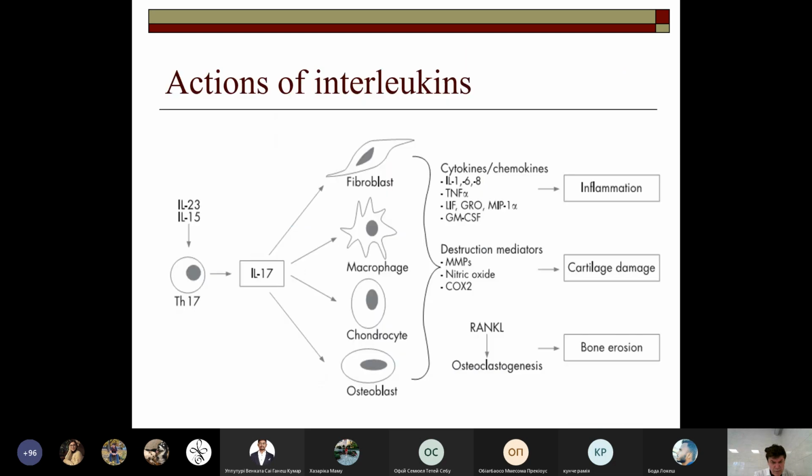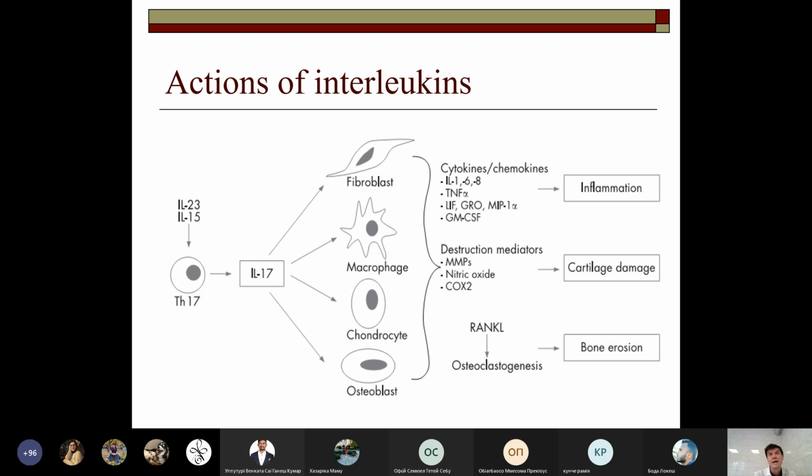So, what's more about the regulation of interleukins? The central role of Th17 cells has been seen recently. These cells are the co-stimulator for interleukin 17 and are under the control of some cytokines produced by activated mononuclears, I mean interleukin 15 and interleukin 23.